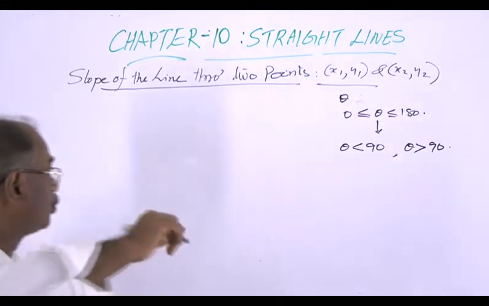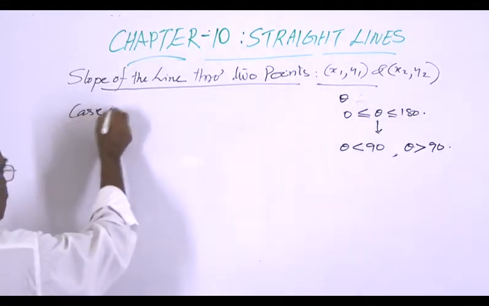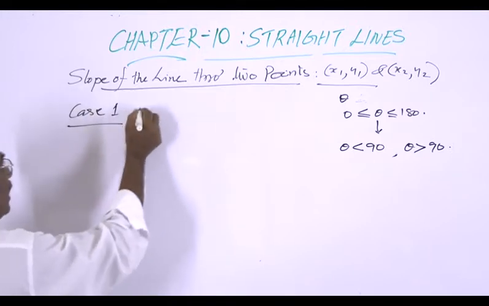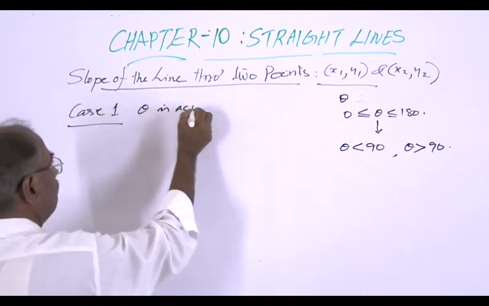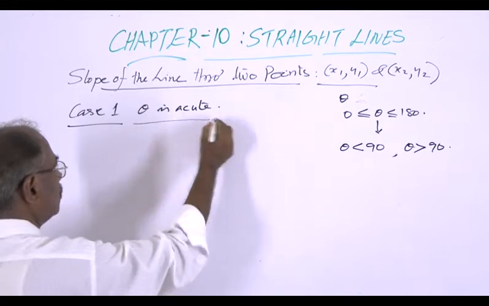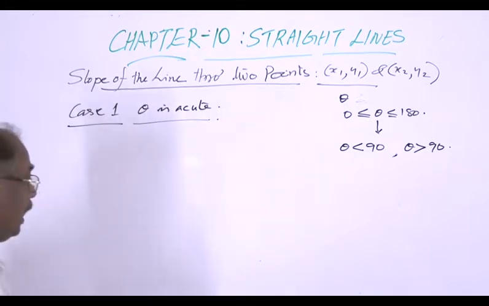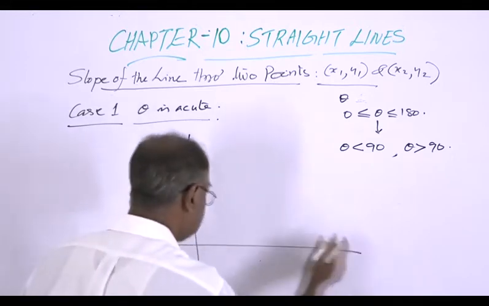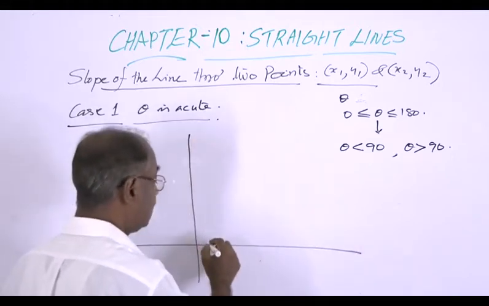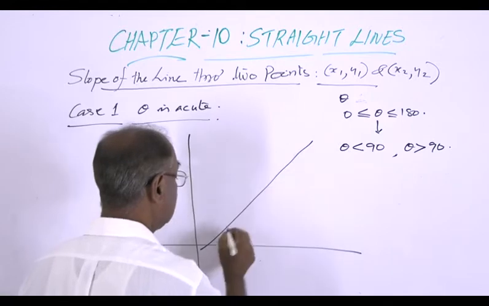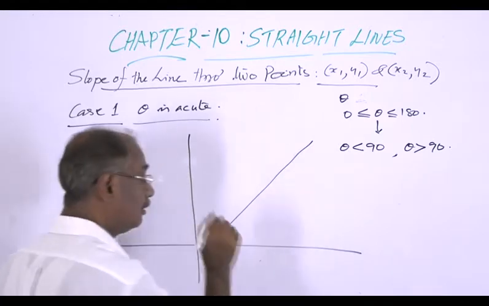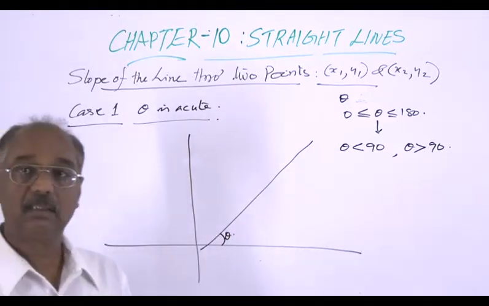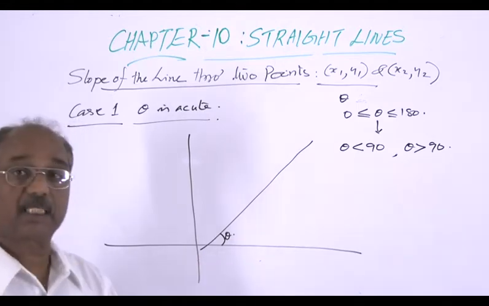So consider case 1, theta is acute. Now consider this line. x-axis, y-axis, the line making an acute angle theta with the positive direction of the x-axis.